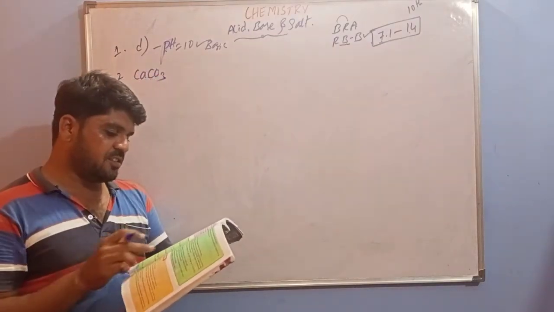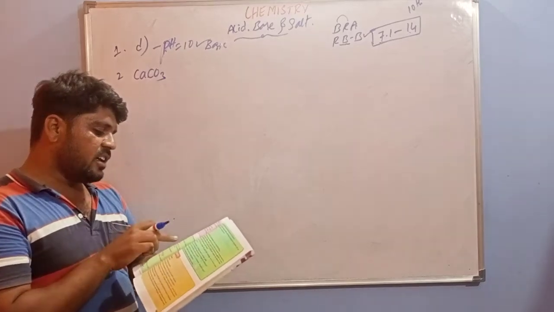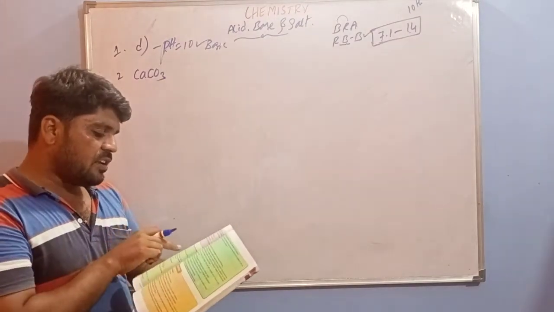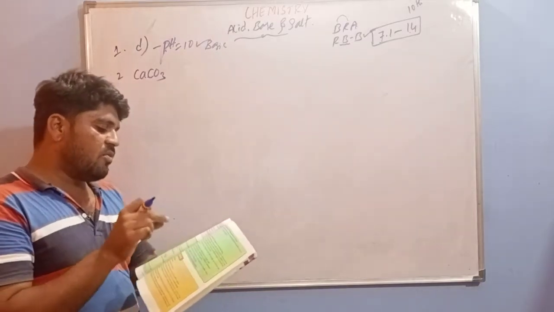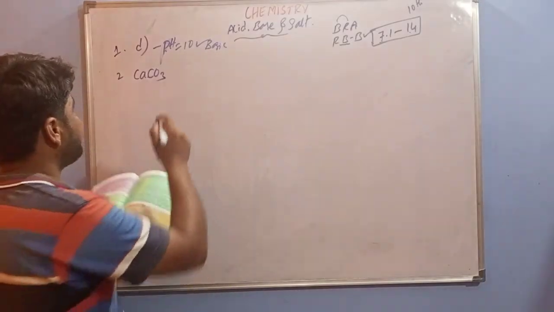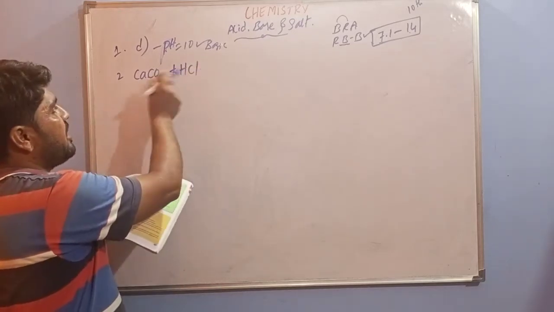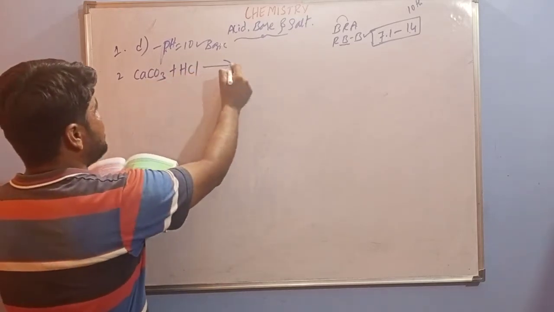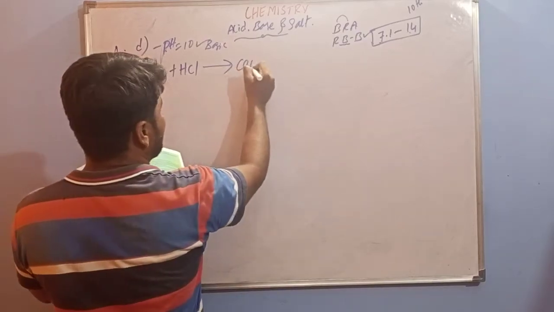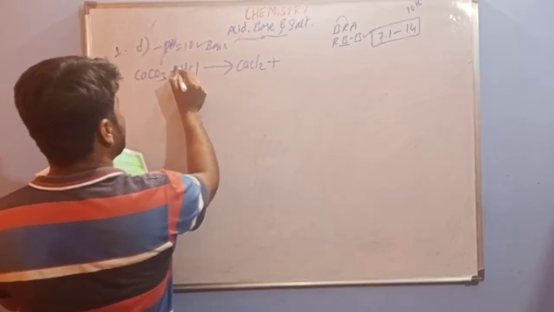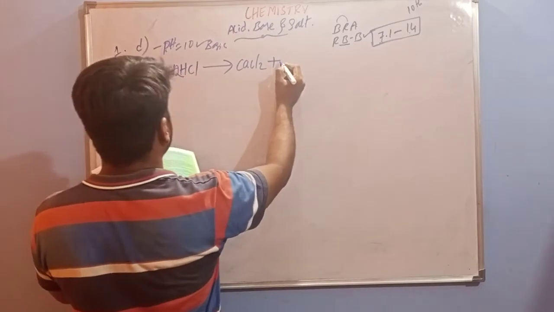Among these, one is an acid, that is HCl. So when calcium carbonate reacts with HCl, it gives calcium chloride, CaCl2.